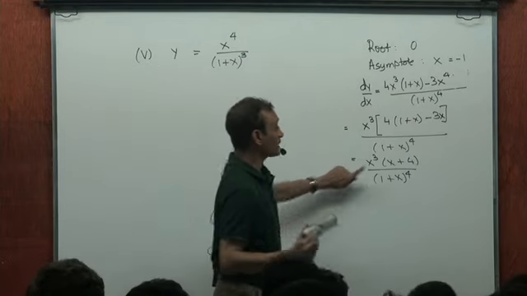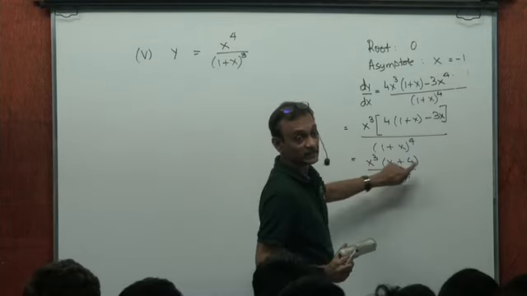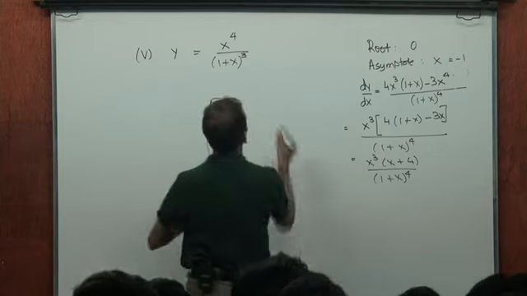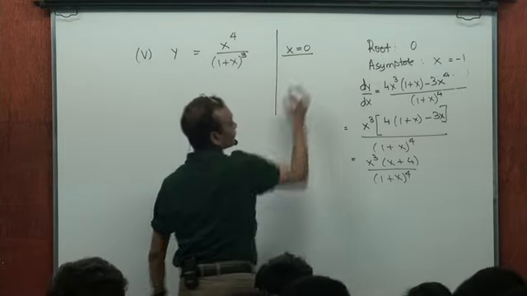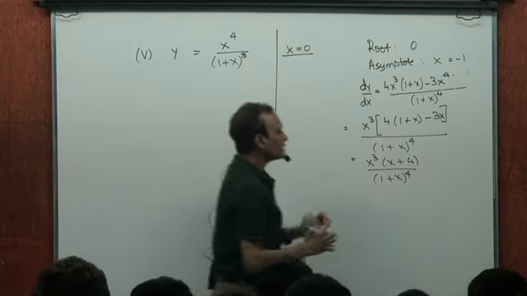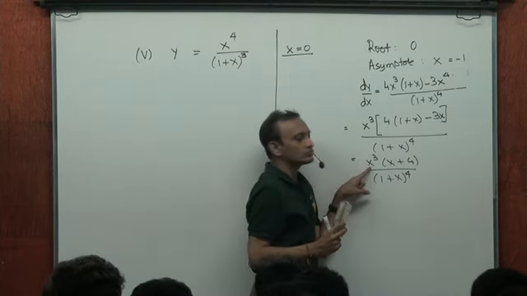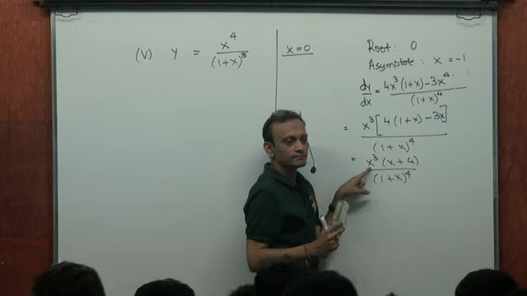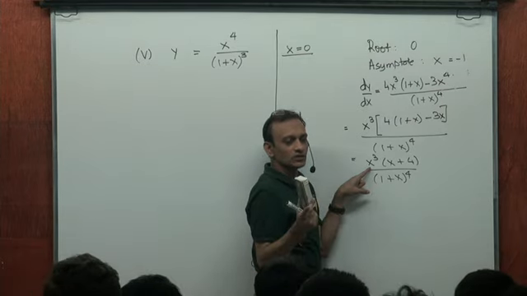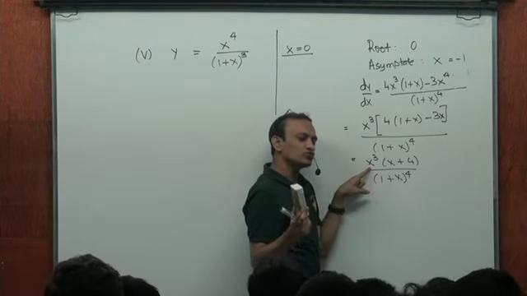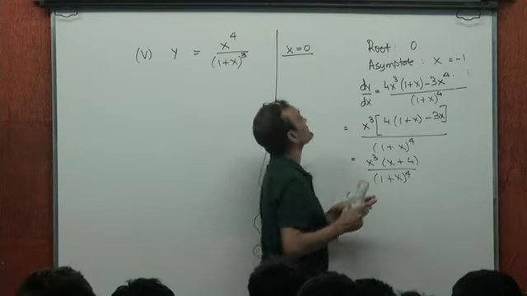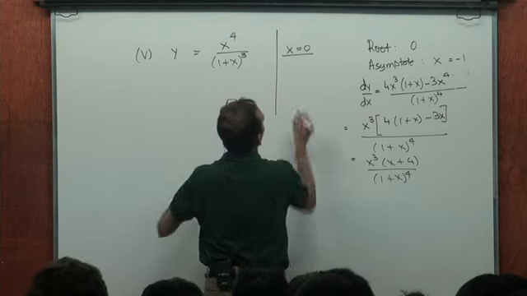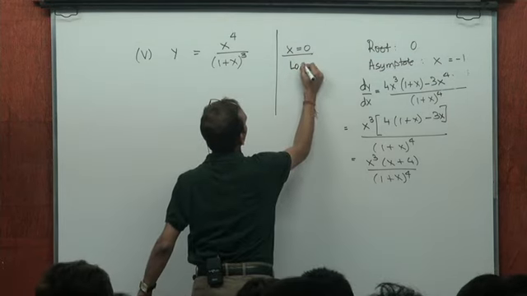Now, dy/dx is becoming 0 at x equal to 0 and at x equal to minus 4. Now, what about x equal to 0? When x is slightly less than 0, this will be negative. When x is slightly greater than 0, it will be positive. So x equal to 0 must be a local minimum.